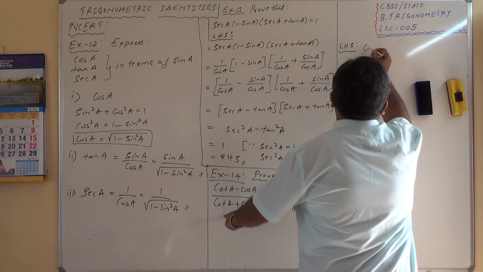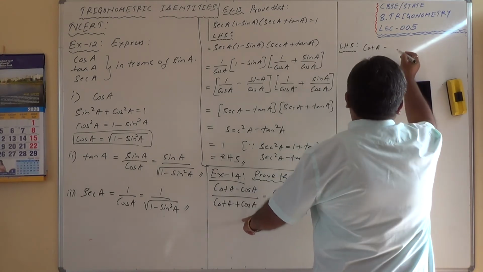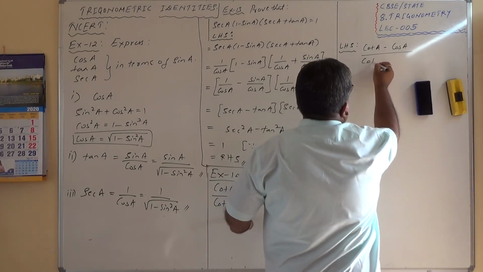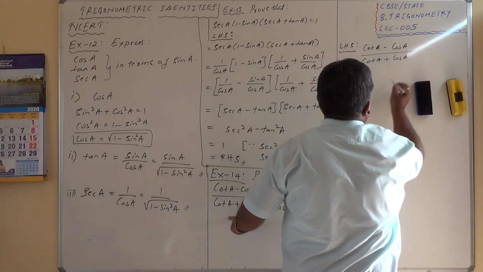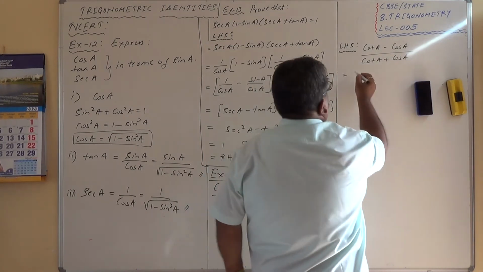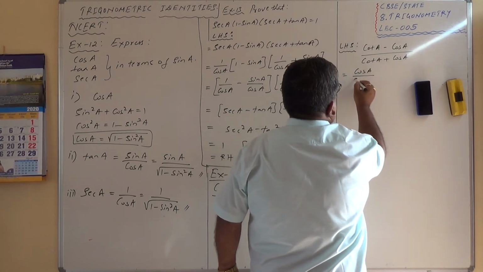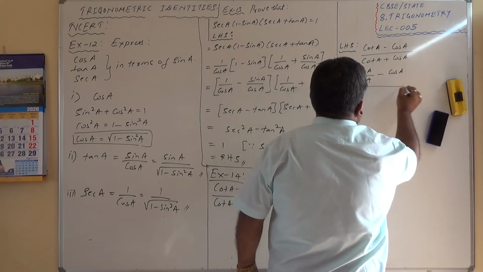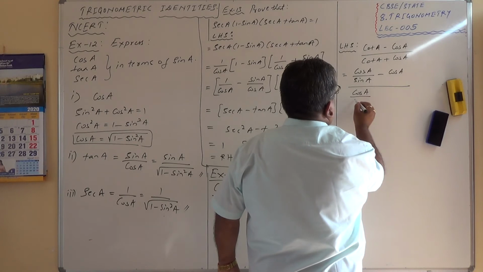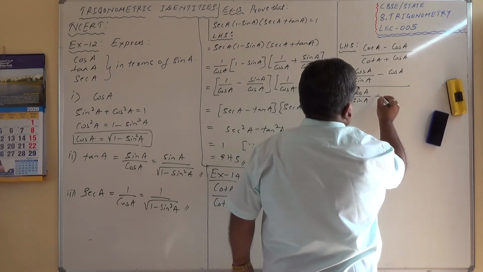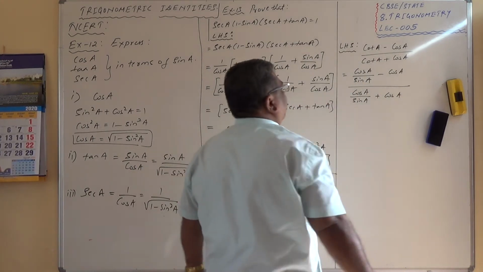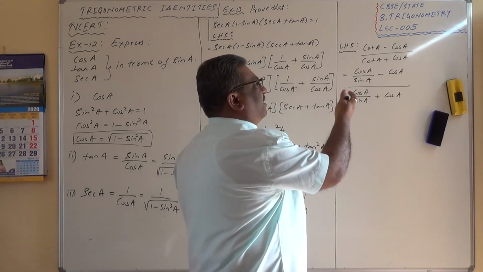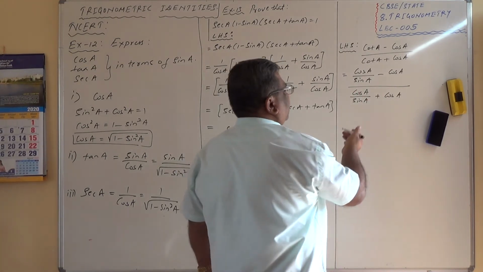Out of this, I will take the LHS, the left hand side. This is cot A minus cos A, the whole divided by cot A plus cos A. This equals, cot can be written as cos A by sin A minus cos A, the whole divided by cos A by sin A plus cos A. You may proceed by taking LCM also, or I can adopt a little different method, which is much simpler here.